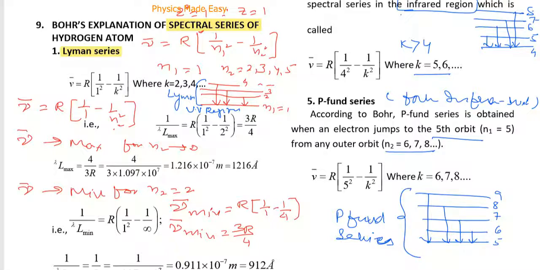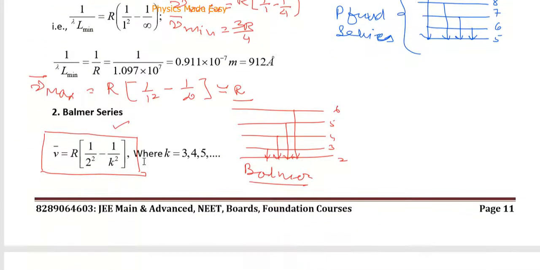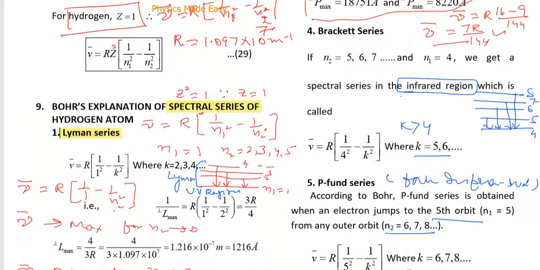So we have just made the calculation. We filled the value of N1 equal to 1 and kept on changing the value of N2. Next is the Balmer series. It is formed when all the electrons fall in the second level, and this falls in the visible region of the spectra. We put N1 equal to 2 and the value of N2 can vary.